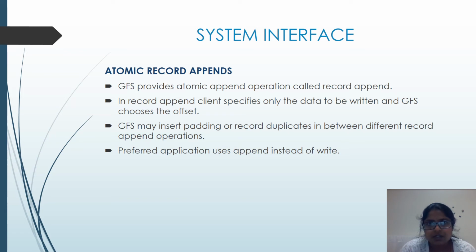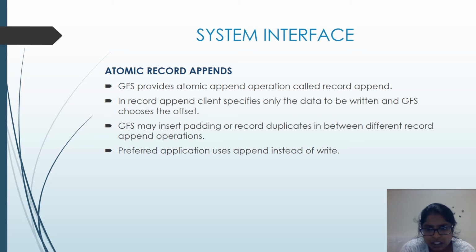If it feels that it is going to exceed the 64 MB size, then the primary is going to request the master for padding the size of the chunk, and whenever the append fails at a replica, the client retries the operation.